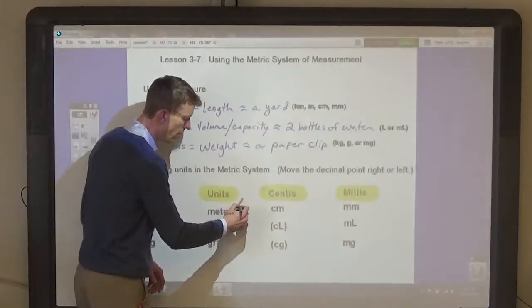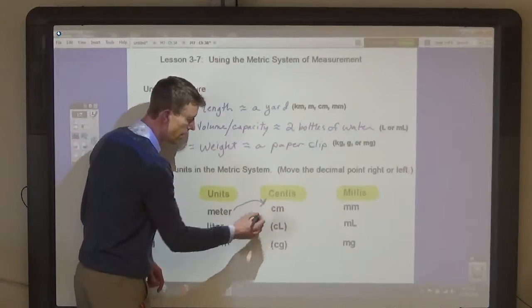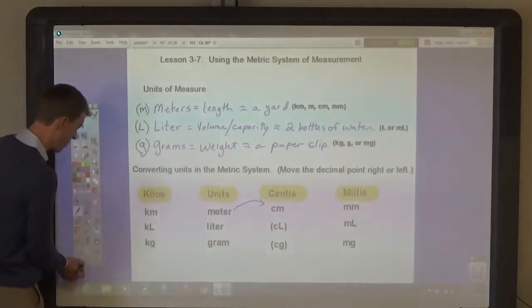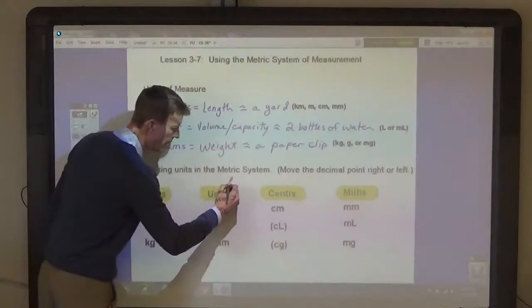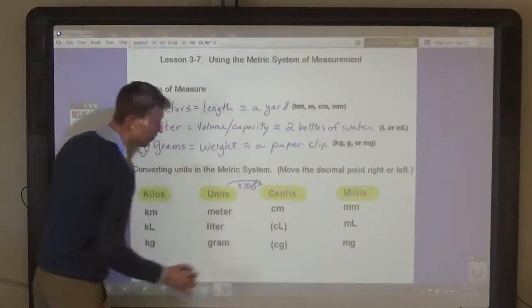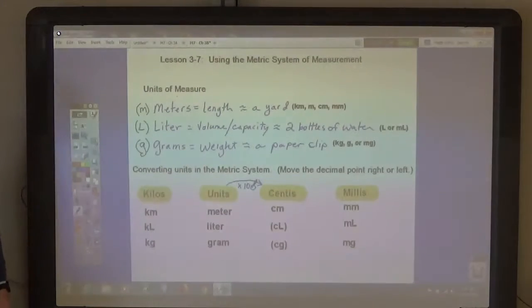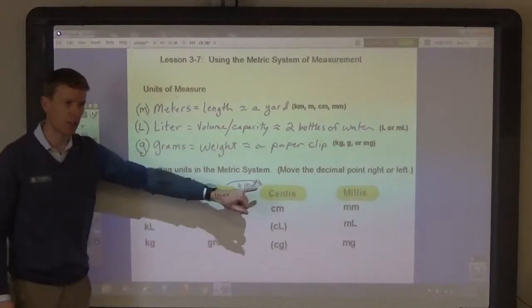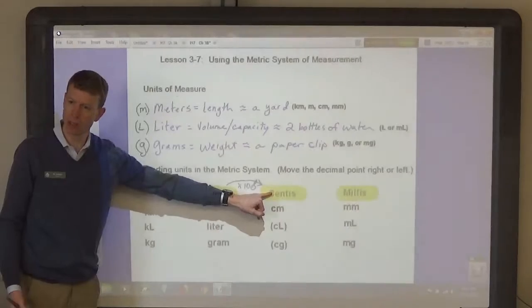If we are going from the units to the centis, then you multiply it by 100. In other words, like there's 100 cents in the dollar. So if you have $1 and you were to tell how many cents that is, you multiply by 100.